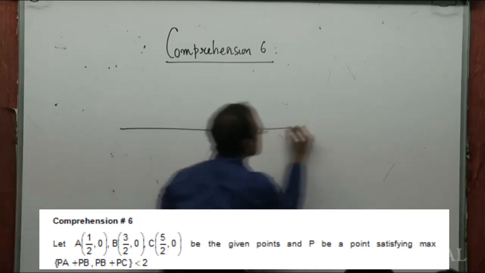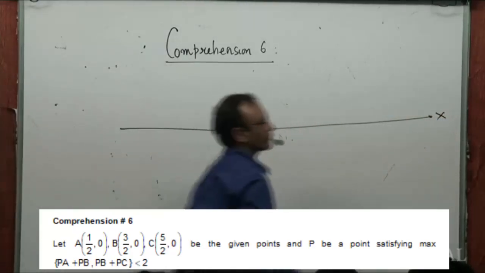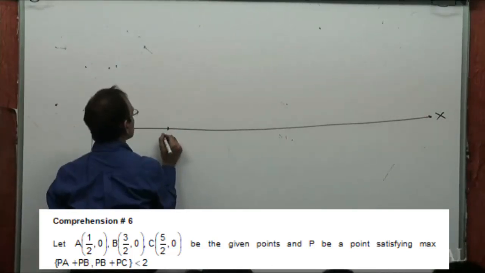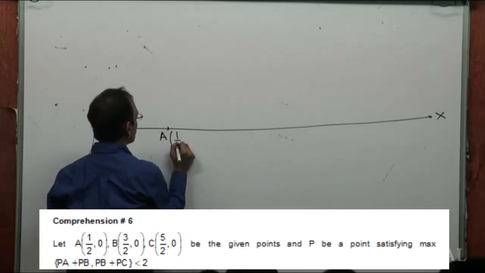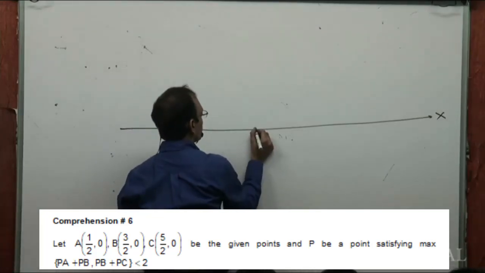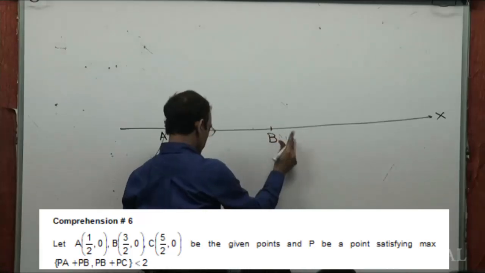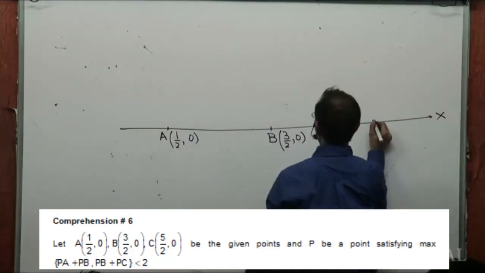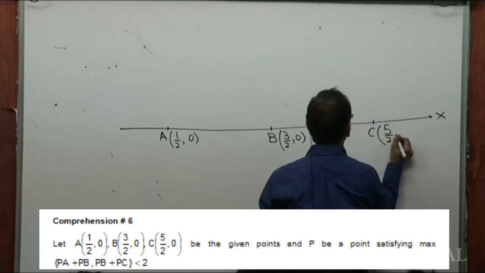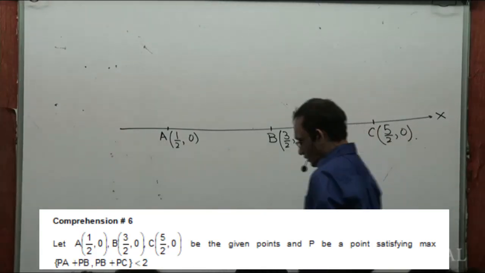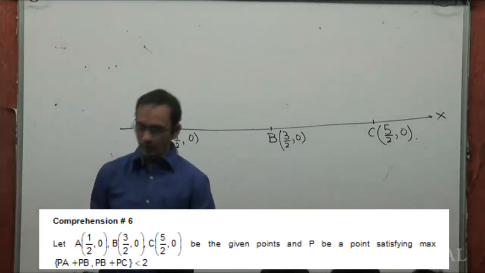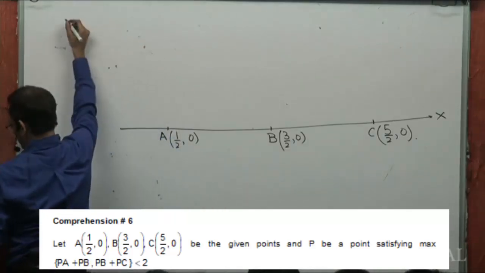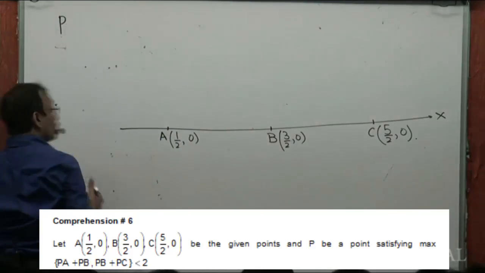Okay, they are all fixed points on the x-axis, right? And P is a moving point.